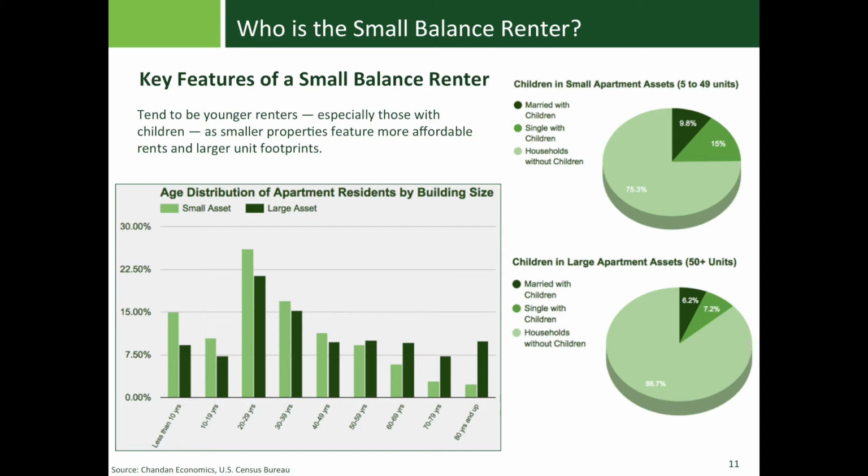The other thing I think we're going to see is that when we look at the composition of the renter families and households, they're more likely to have children. And again, that fits with the features of the properties themselves, although the properties tend to have fewer units. When we look at the units themselves within those properties, they tend to be a little bit larger.